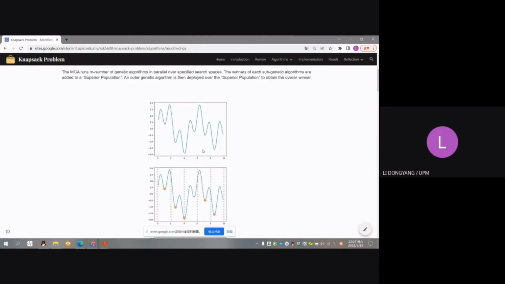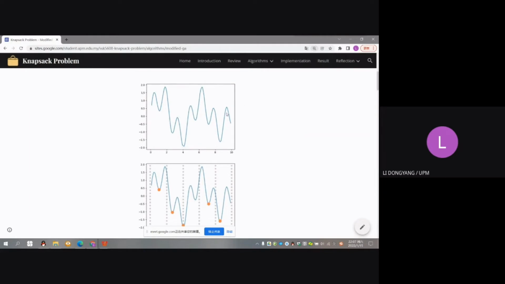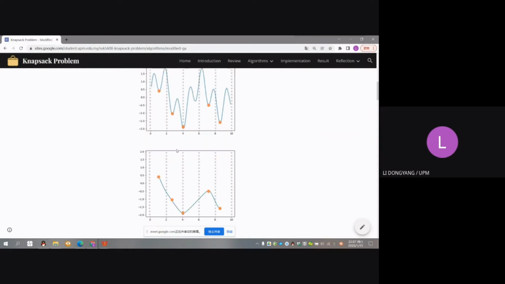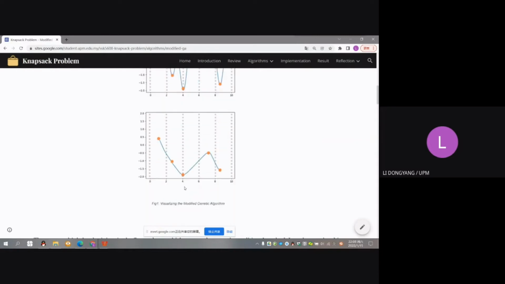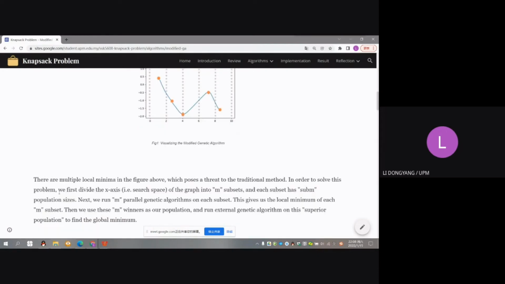You can see the visualization of the MGA. The first picture has no marks, and in the second we can see the curve of the graph changes very irregularly, and there will be a lowest point and a highest point. Here we mark the lowest points, and we choose them to run in the modified genetic algorithm. There are multiple local minima in the figure above, which pose a threat to the traditional methods.